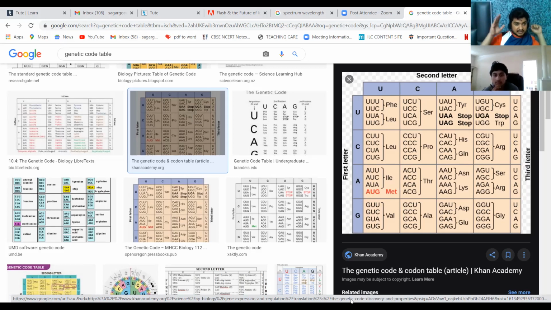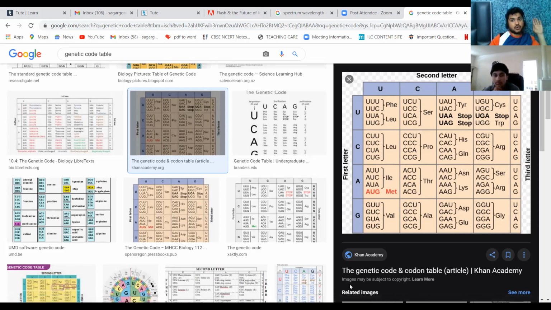Whenever the translation process wants to stop, whenever there is termination of this process, you have to take any of these: UGA, UAG, and UAA. So translation is started by AUG but terminated by these three codons, and these three codons can't code for any amino acid.